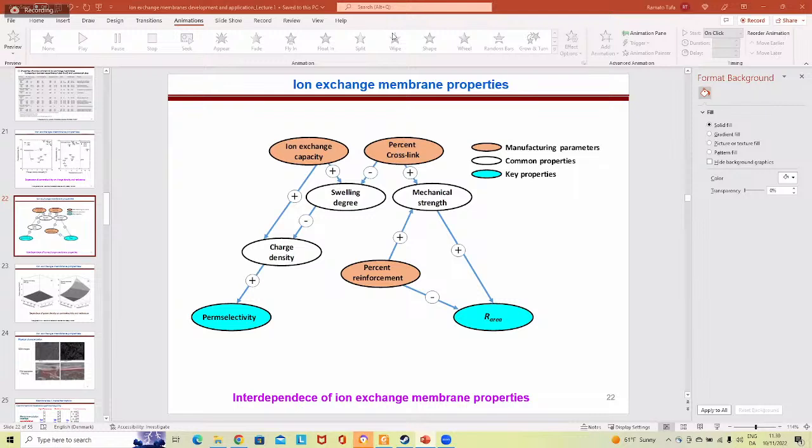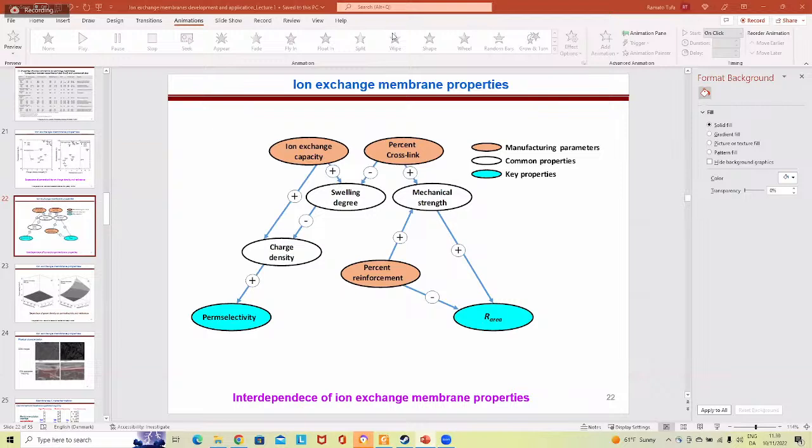The type of membrane's backbone: does it just affect the physical characteristics, or does it also affect the performance of the membrane? Okay, perfect. So the question is about the backbone.